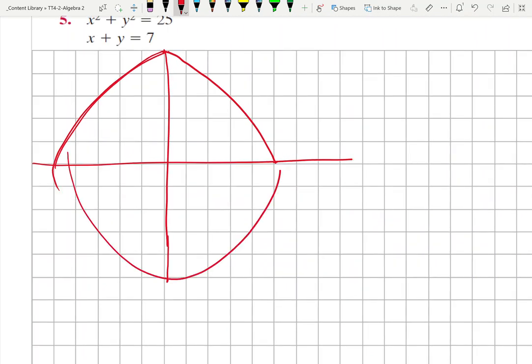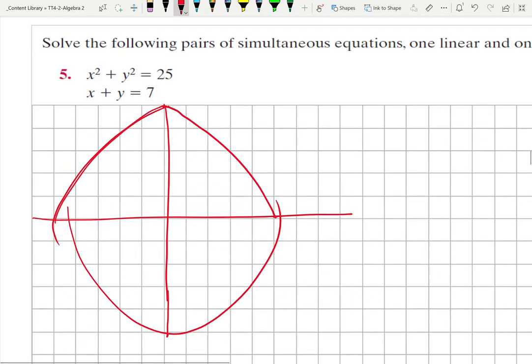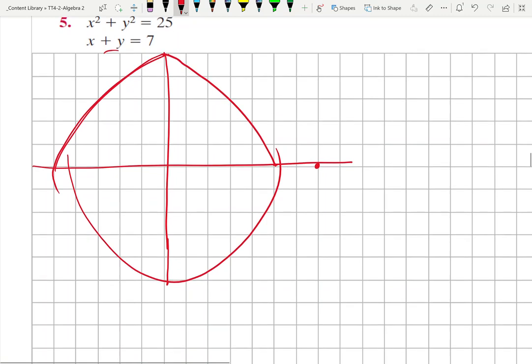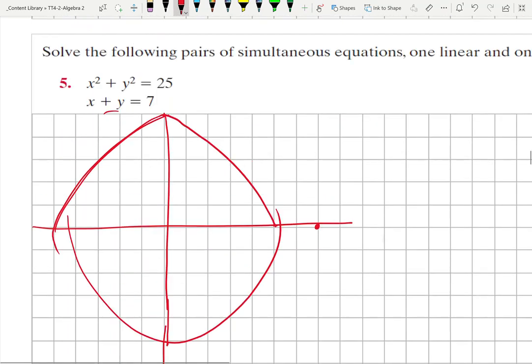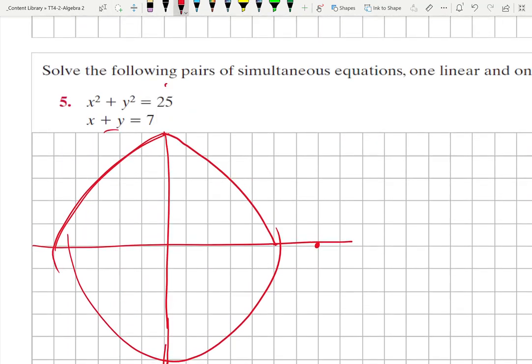And this has a negative slope and an intercept of 7. It looks to me like it just kisses. No, it has a negative slope. Yeah, so actually it'll cut across at 3, 4 and 4, 3.